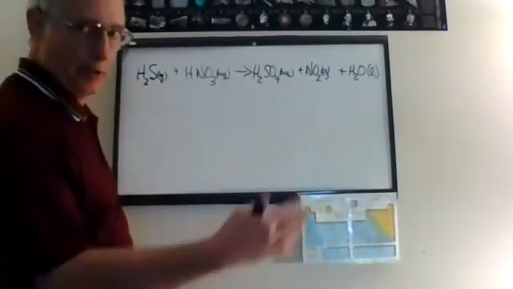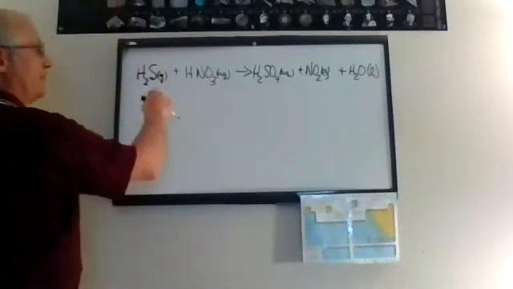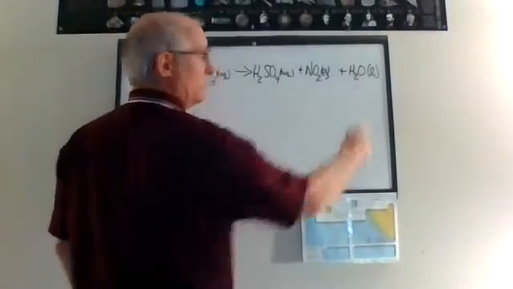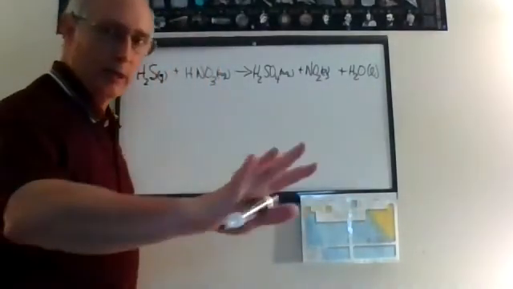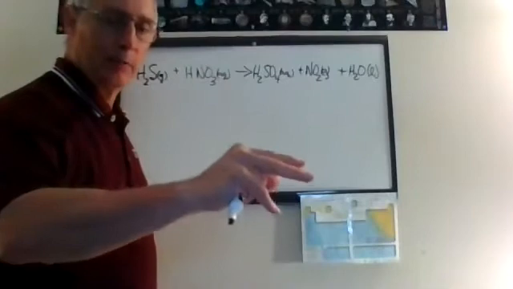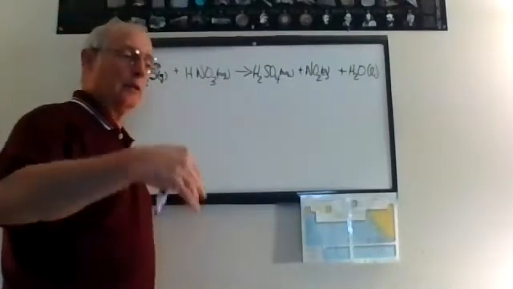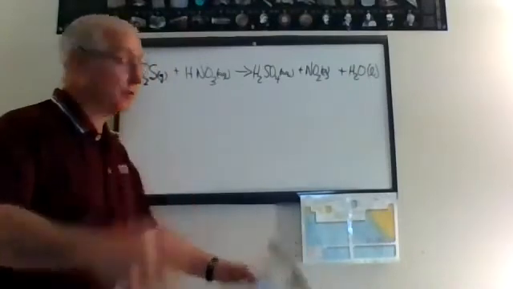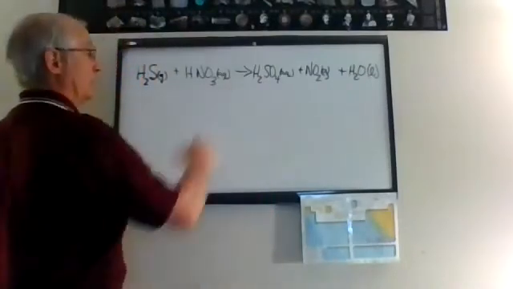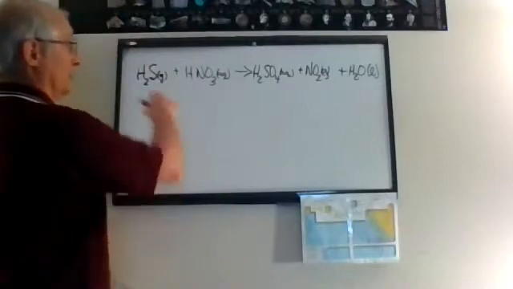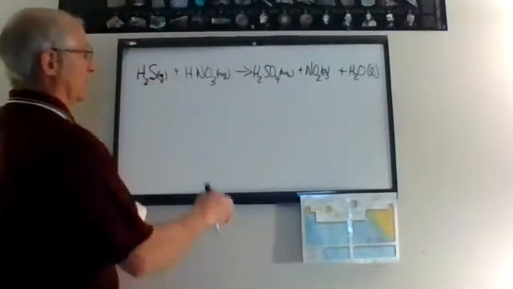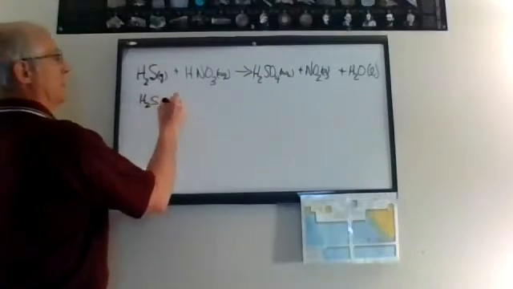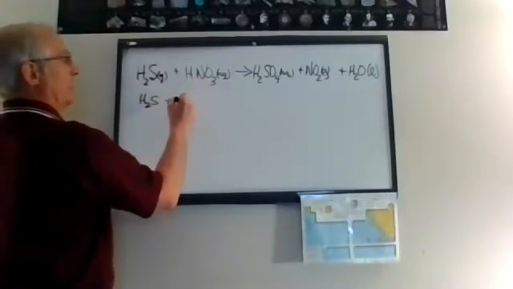Ionic equation. You remember doing that? Except if it's a gas or a liquid or a solid, we're not going to bust it up. We're only going to break up those that are dissolved, like aqueous solution. And these 2 acids are, so we'll break them up. We'll leave these unbroken. Okay, so you got H2S, and you got a hydrogen ion.